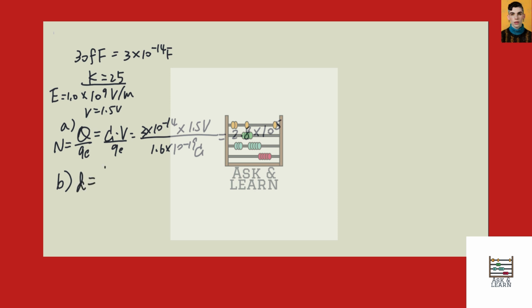So it's easy to find d. d is voltage divided by electric field. Yeah, we actually do not need the dielectric constant in this case. So voltage is 1.5 volts, the electric field, or dielectric strength, whatever the word is, 10 to the 9 volts per meter. And so 1.5 nanometer.